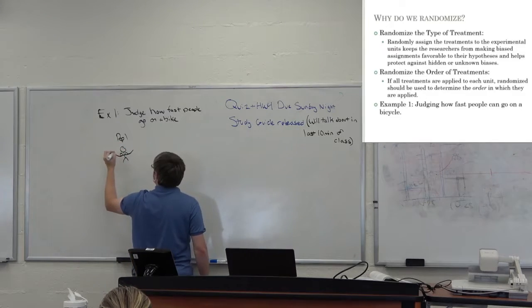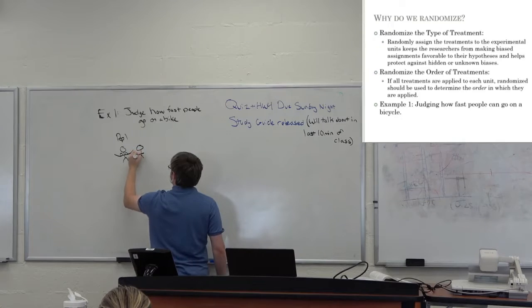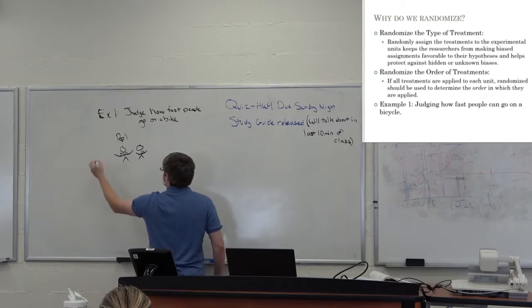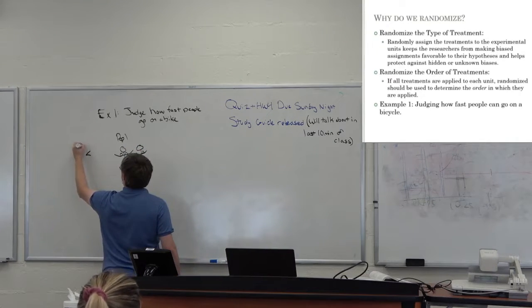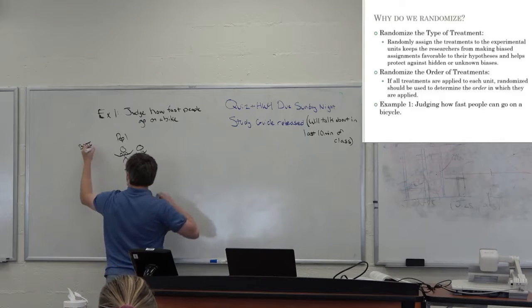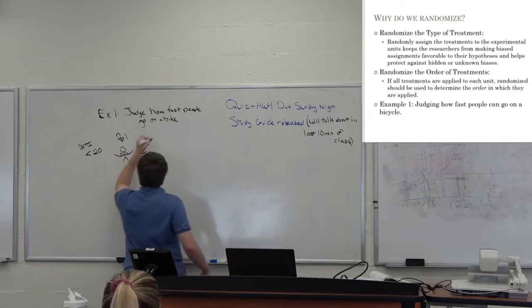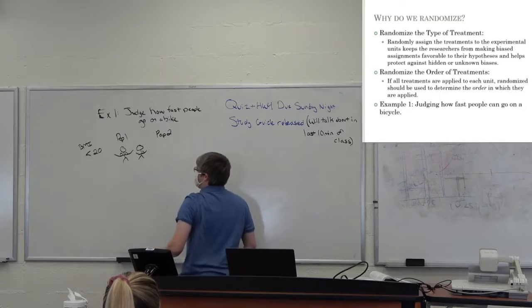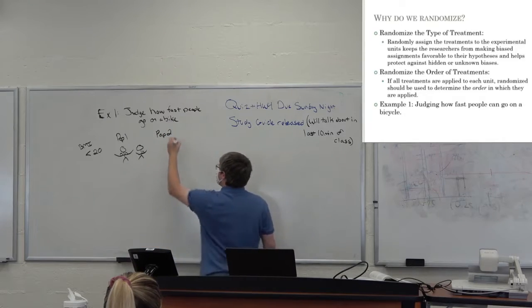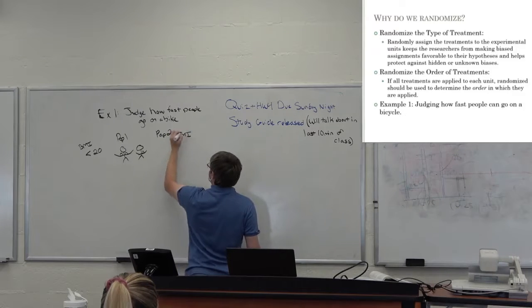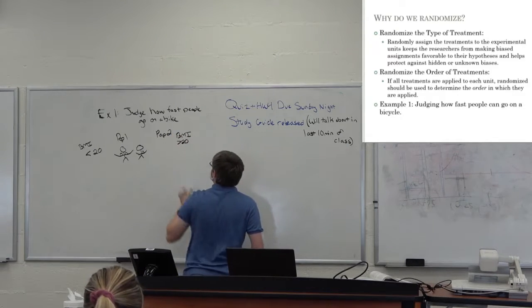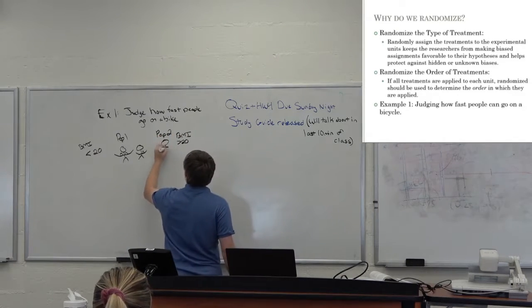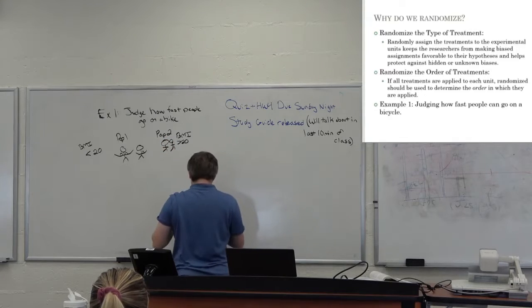These are supposed to be little muscles over here, representing very fit people. Maybe they have a BMI of less than 20 or something. And then we have population 2, where we have people that don't exercise regularly every day, and these people have a BMI of greater than 20. So I'm just going to have other people over here.